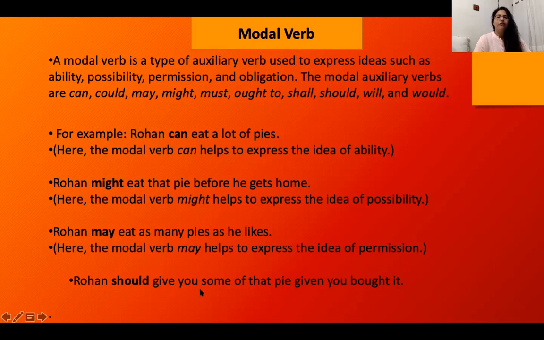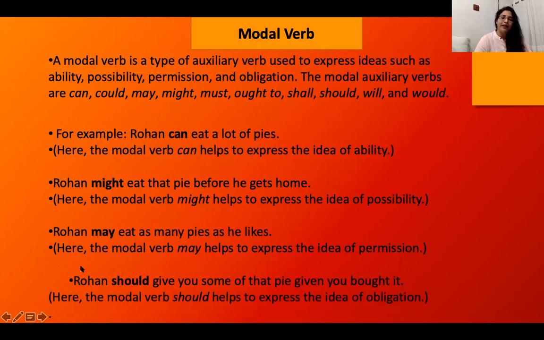Rohan should give you some of that pie, given you bought it. Here the modal verb should helps to express the idea of obligation, that whatever pies Rohan has purchased, he will share those pies with the other person.